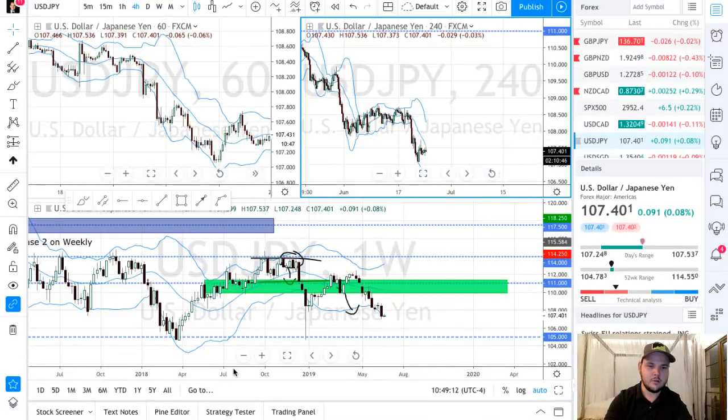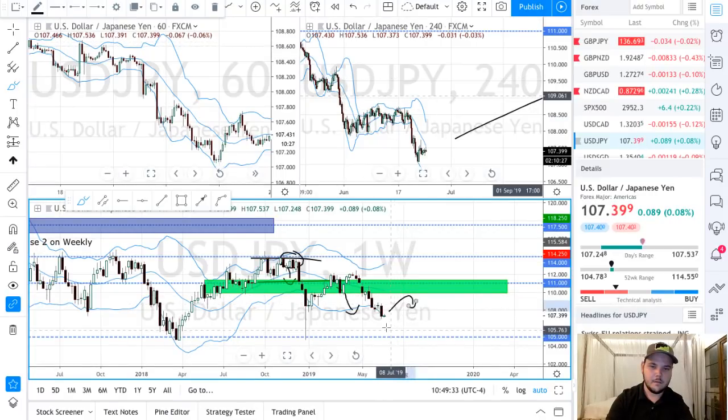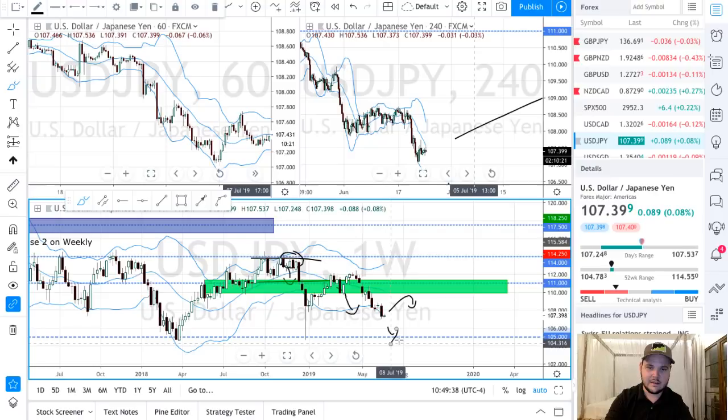You wait for price to hit the lower support here at 1.105, or you can wait for a retrace, which would look like this. Price retraces, and you look for a better setup over here. You have two choices, both work. You just have to wait. That's what I'm looking at on this pair.